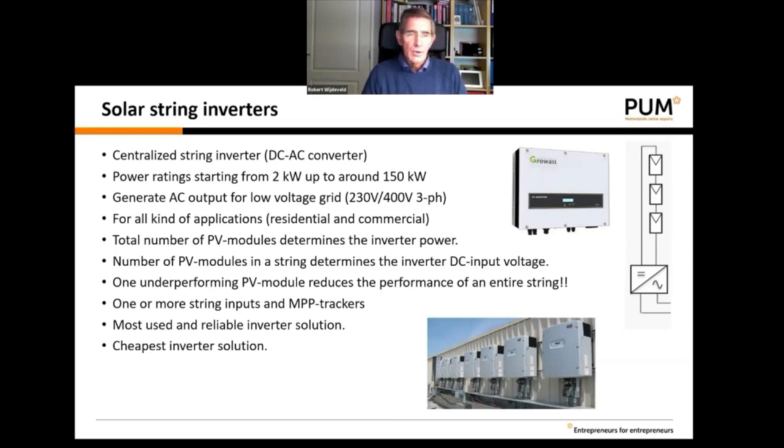In a string, with underperforming PV modules, if one PV module produces less than the others in a string, it will influence the performance of the entire string.